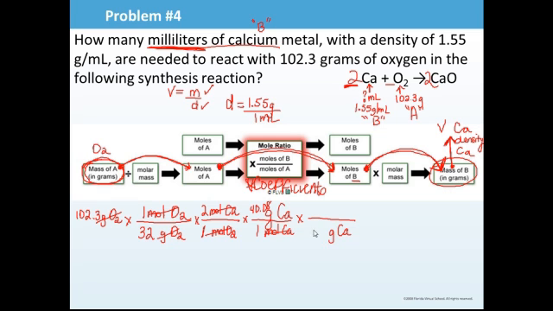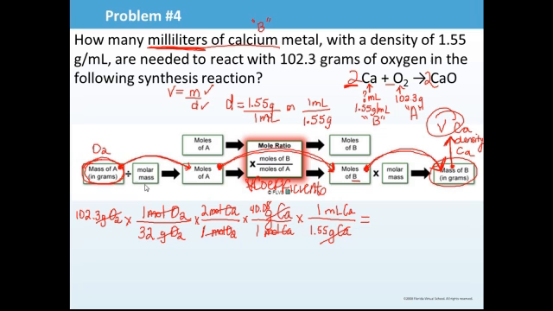Our unit of grams is on the bottom, so we're going to have to divide by our density. Remember that your conversion factors can be written either way. Just make sure that you keep the correct number with the correct unit. It all depends on where you need it. So grams of calcium cancel. I'm left with milliliters of calcium, which is exactly what my problem asked for.